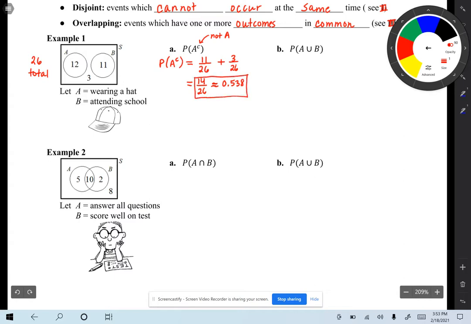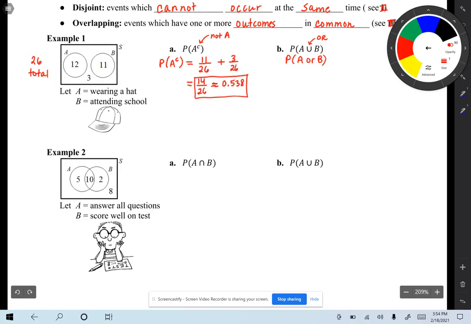On part B, find the probability of A or B. So again, remember, figure out which one you want to memorize and you know the other one. And if it helps you, you might want to write it like this. You totally can.